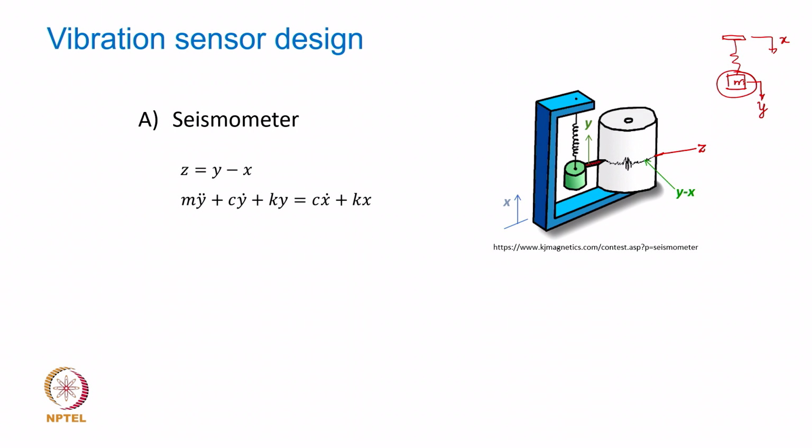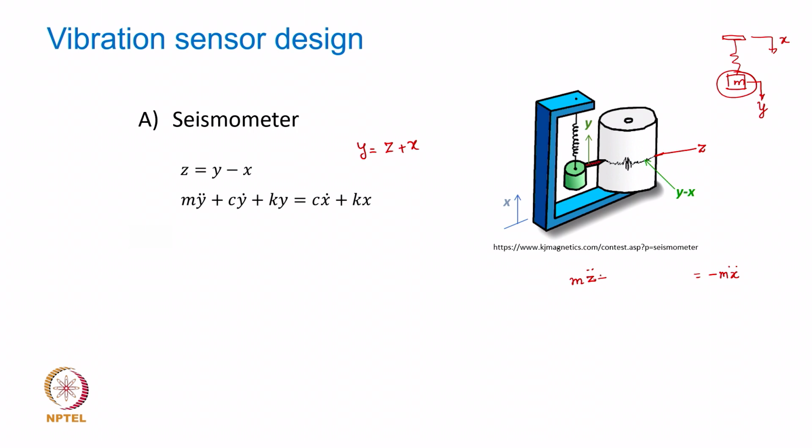Now, I replace this y by the relative displacement z. So, y is going to be equal to what? z plus x. So, m y double dot will be m z double dot, and I will take m x double dot on the right hand side. So, it is going to be this.